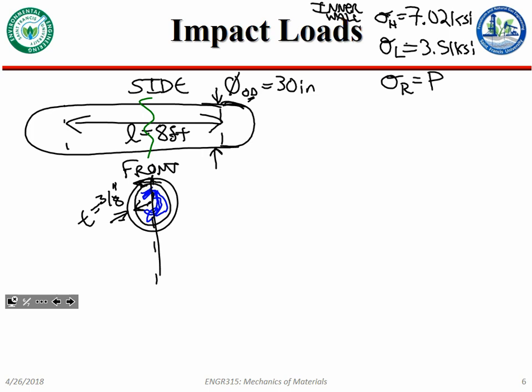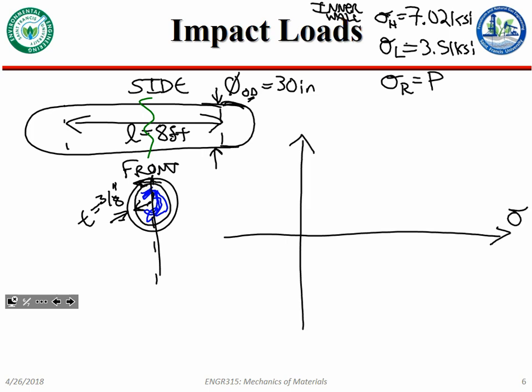That's the thing with all yield theories. If you look at von Mises, which is a more common one, it's all just trying to put all these different stress contributions together into one number. So if we wanted to make more circles with this, how would we do it?